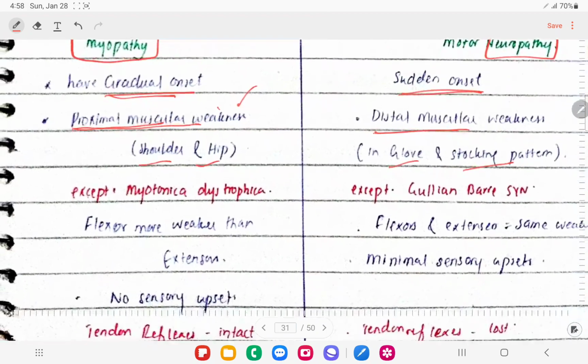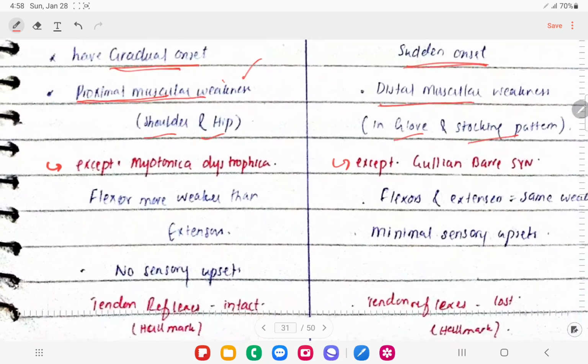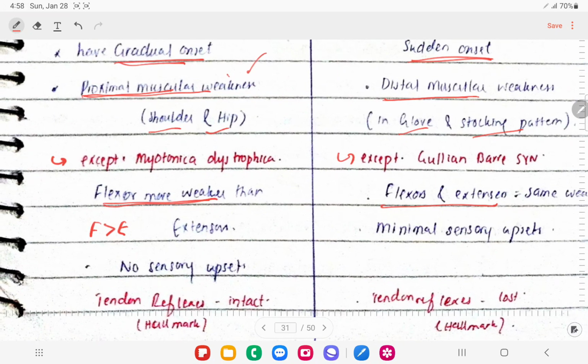Obviously there are exceptions, like myotonic dystrophy in myopathy, and in neuropathy you have the exception called GBS. In myopathy, the flexors are more weak than extensors, while extensors and flexors are equally affected in neuropathy.